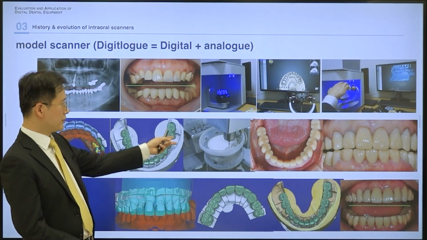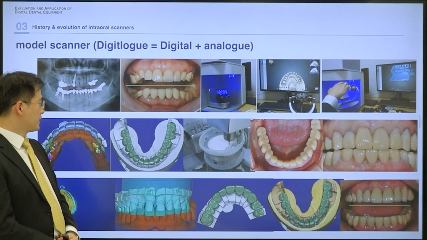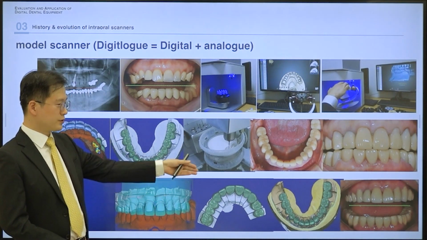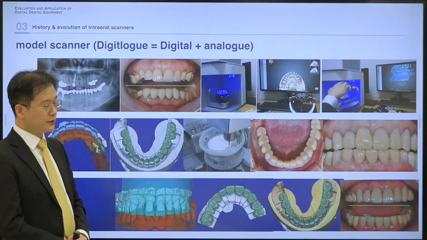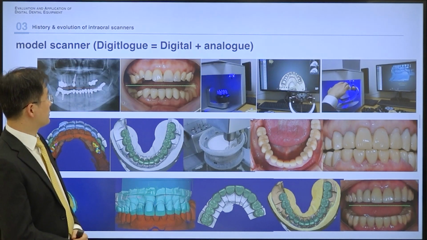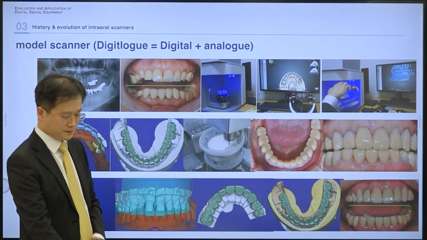After that, we can build out a PMMA provisional restoration, try it in the patient's mouth and copy it into the final restoration. We call it digital plus analog technologies.